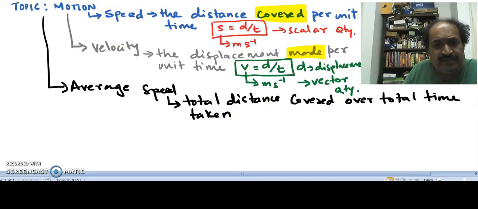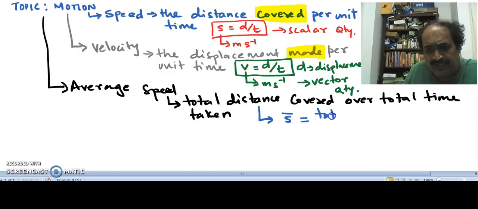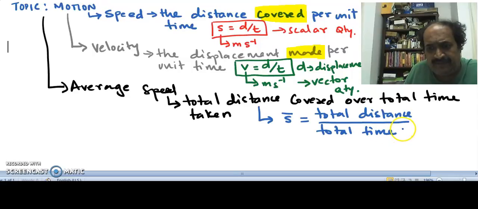Which means we can write this as average speed, the symbol is this, there's a bar here for average, is equal to total distance covered by total time taken.